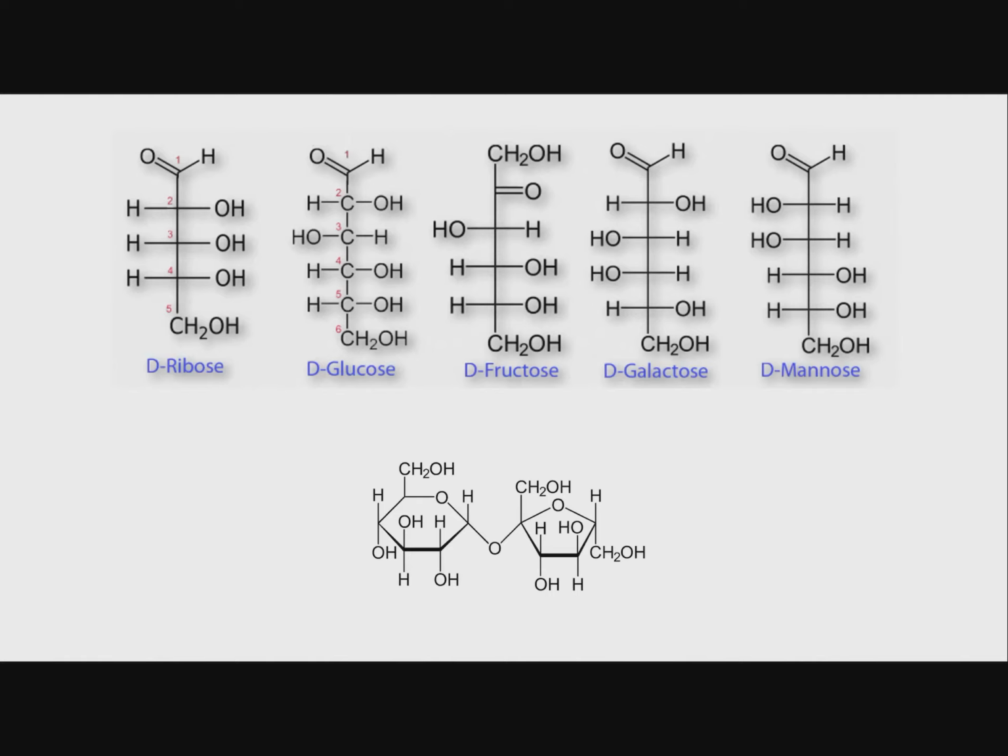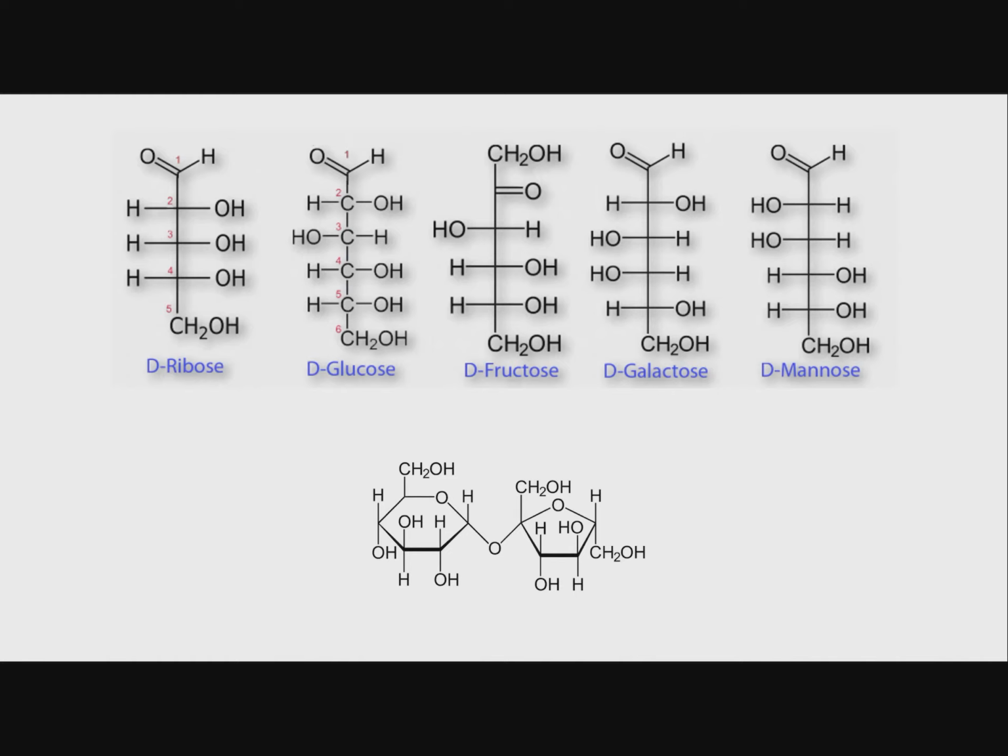Now, the simplest of these are called monosaccharides or simple sugars. An example is glucose. Monosaccharides can be joined together to make larger molecules, such as disaccharides, which contain two sugar monomers, we could say. On the top here, you can see just a few different monosaccharides.